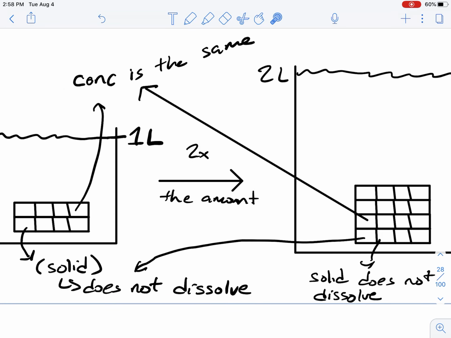Once again, the ratio between amount and volume is the same.